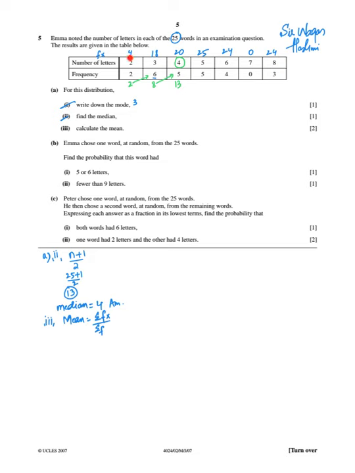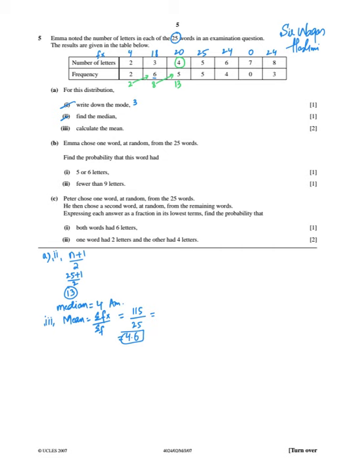Now I need to add all these values. 4 plus 18 is 22, plus 20 is 42, 42 plus 25 is 67, 67 plus 24 and again plus 24. So that is 115 divided by 25, that is the summation of frequency. So it leads to 4.6, that is your mean value.